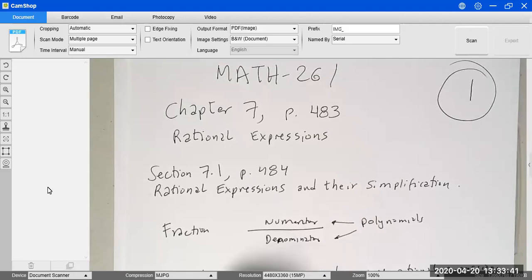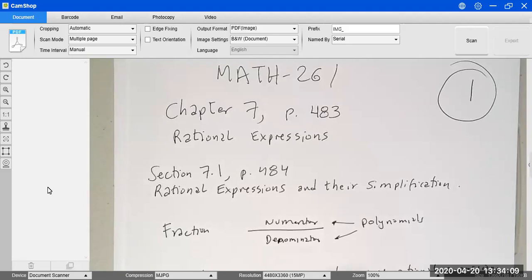So restrictions are just the numbers that the rational expression cannot have in its domain.